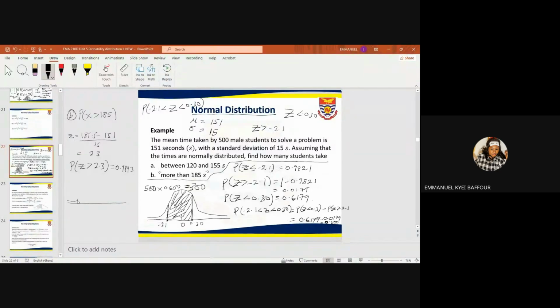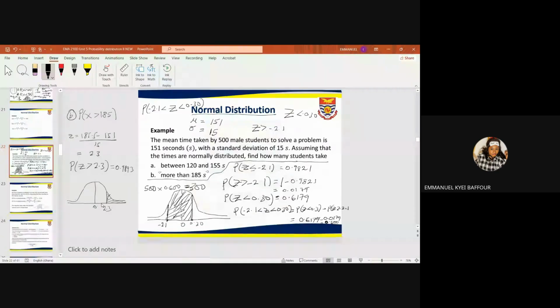So let's see what we have. This is the mean 0, and we are having 2.3. The area that we are interested in, we said more than, so it means to the right side of this 2.3.